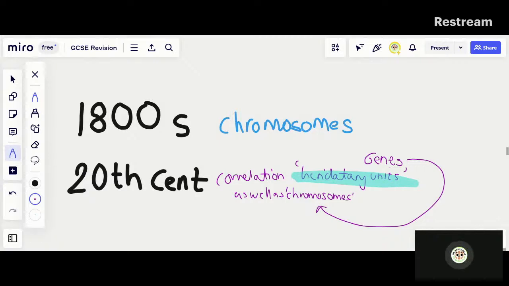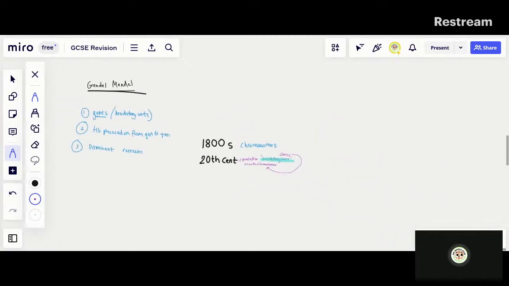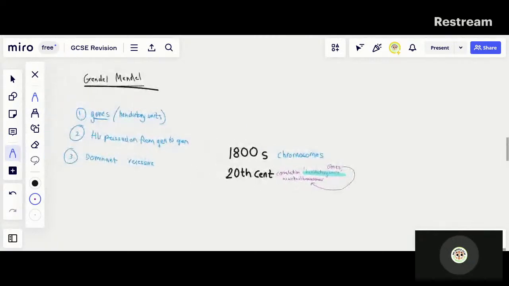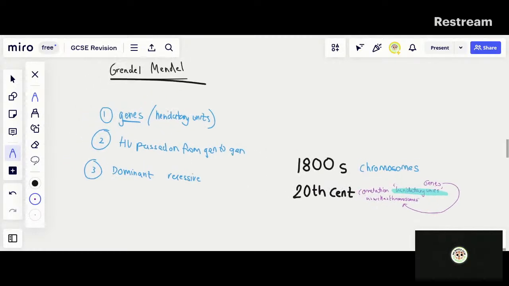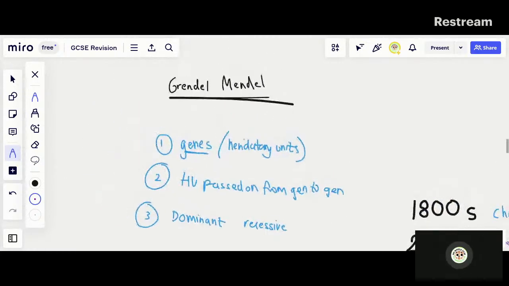So just a quick refresher of what we've just looked at. Mendel was an Austrian monk who was trained in mathematics, and after doing some experiments on pea plants, he found these units called hereditary units. Mendel suggested that hereditary units were something that everything had, determined by your parents and unchangeable.